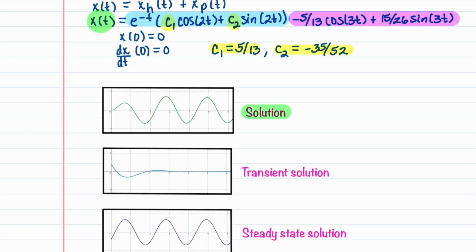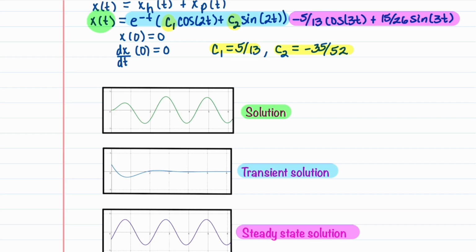Our solution has a transient part, and that's what causes the amplitude of the solution to be smaller at the beginning, because the transient part has a decaying exponential in it, and it's going to force the amplitude to be smaller. And then the solution also has a steady state part, and that's what the solution becomes after the transient part goes away.